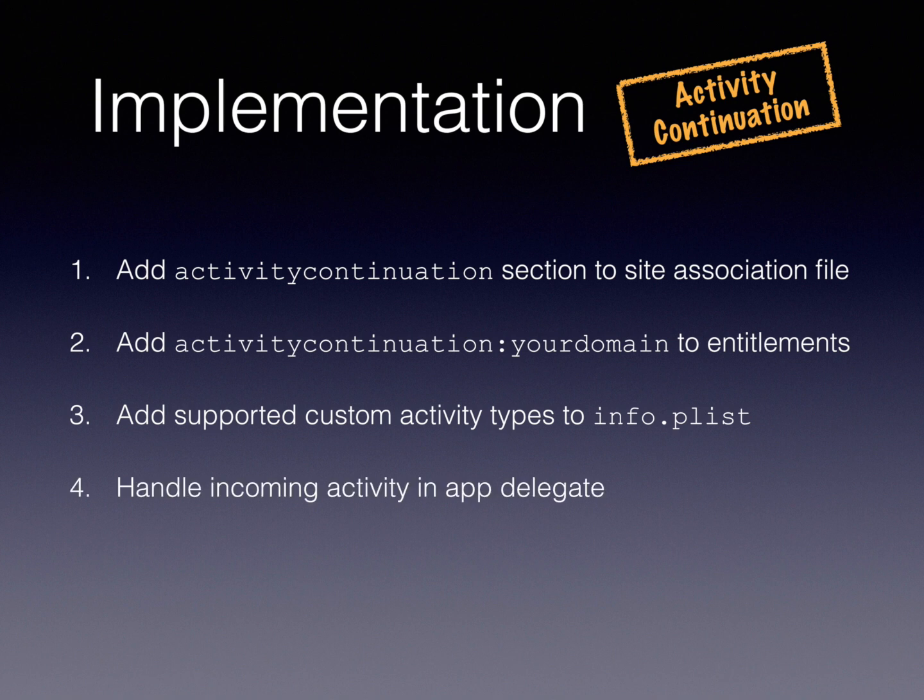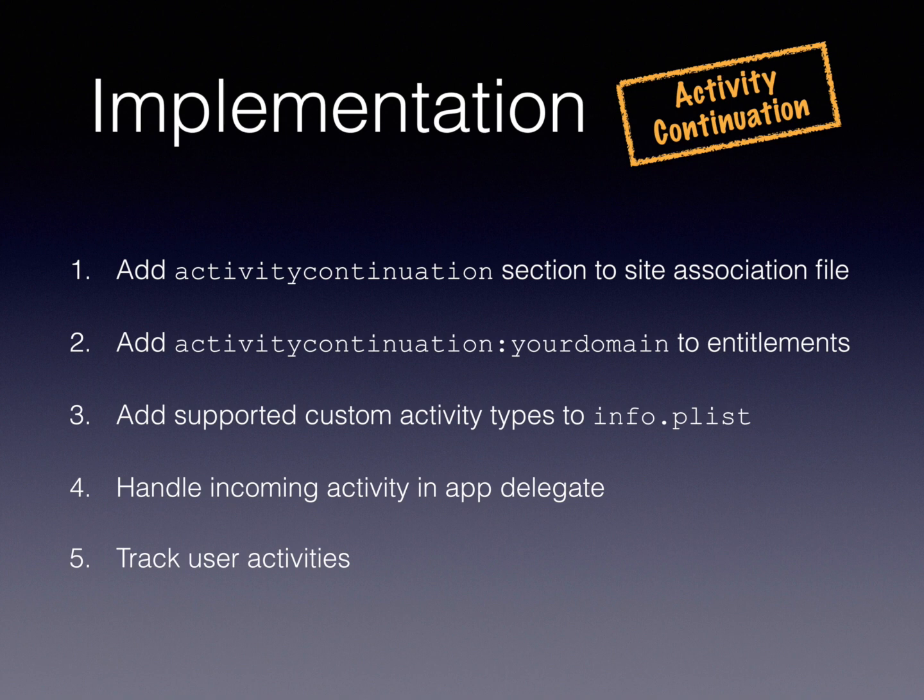And also you need to track your user activities. That is, anytime the user does something that can be called, now he is viewing a product, searching for a product, then that's an activity you need to track and tell iOS that's what he's currently doing, so that on a different device it can show up on the lock screen, bottom left. There's the small icon that you can pull up and then hand it off to the app there.